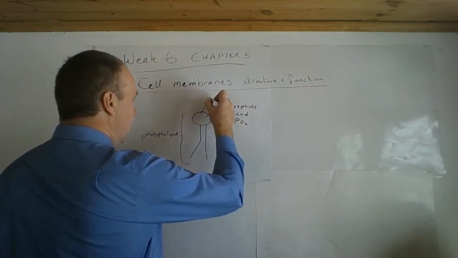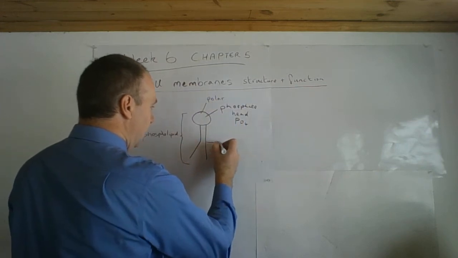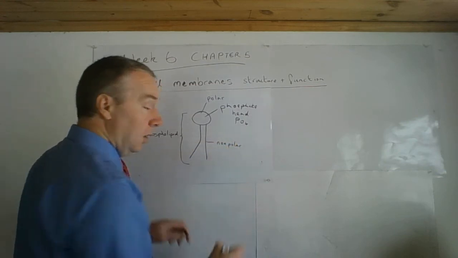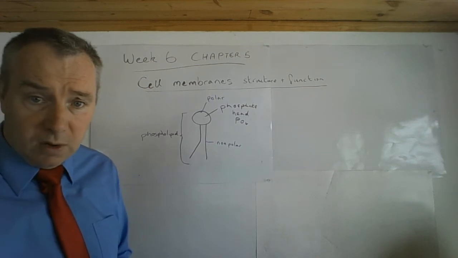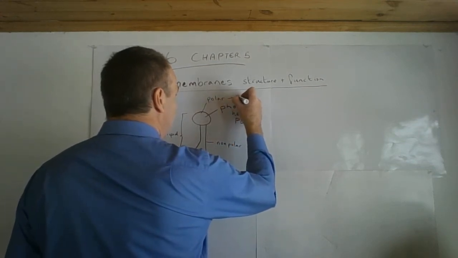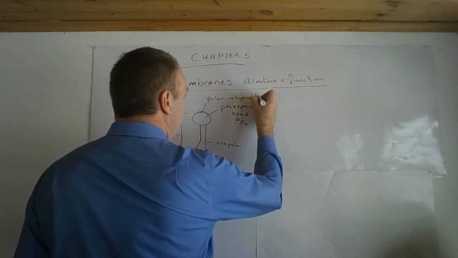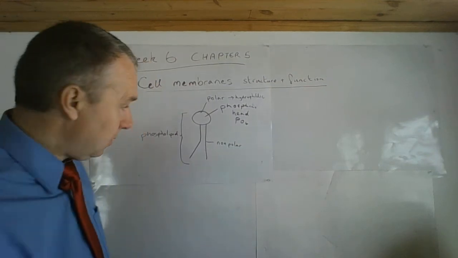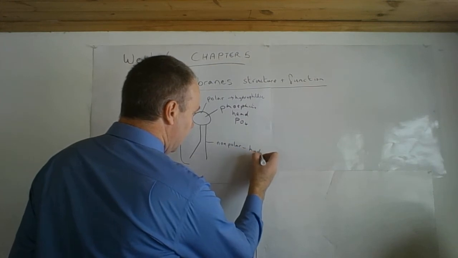This part is polar, this part is non-polar. Words you've heard before in this class to describe polar and non-polar. Polar is hydrophilic, meaning water-loving. Non-polar is hydrophobic.